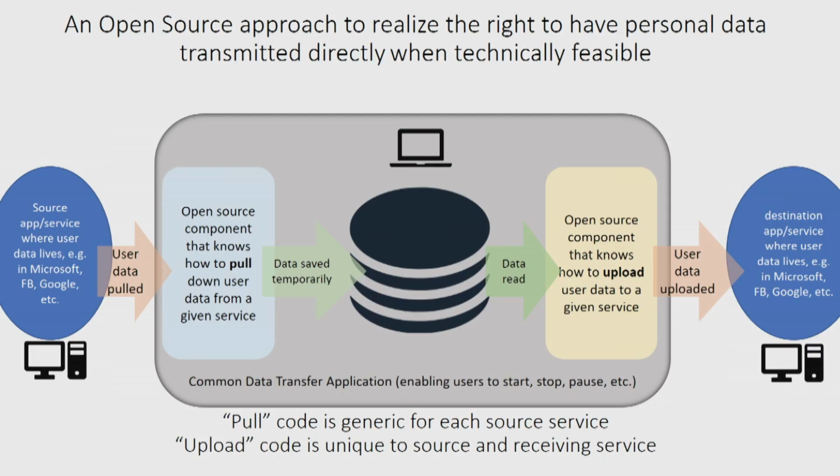This is a very high-level, very coarse-grained architectural model for this open source project. The gray box is the common runtime. It's most often a cloud-based workload that runs the whole automated transfer.